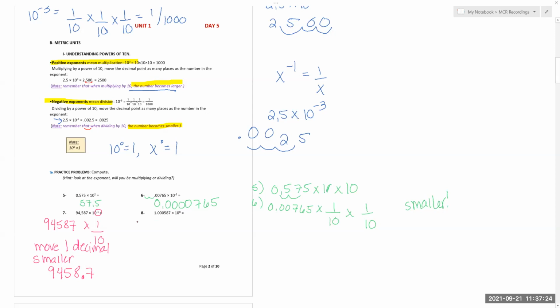And then this one is move 8 places bigger, larger, because it's like multiplying by 10 8 times. So 1, 2, 3, 4, 5, 6, 7, 8. We just add on any zeros we need, and it's approximately 100 million there.